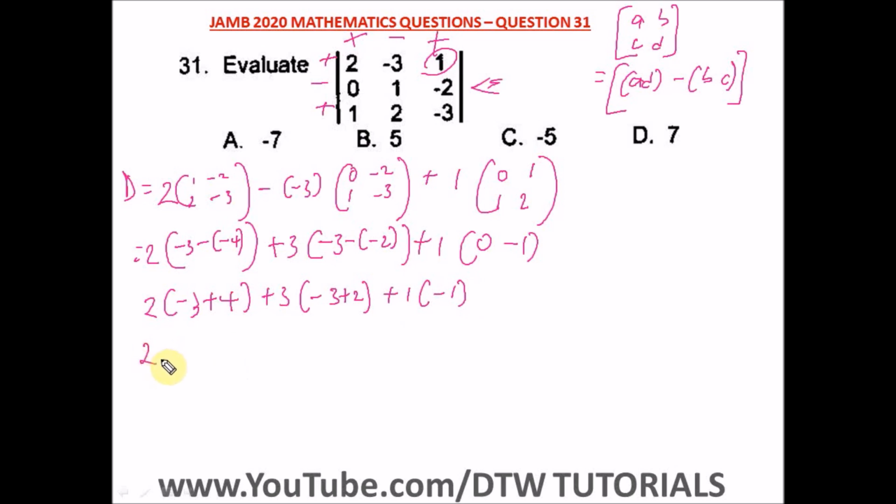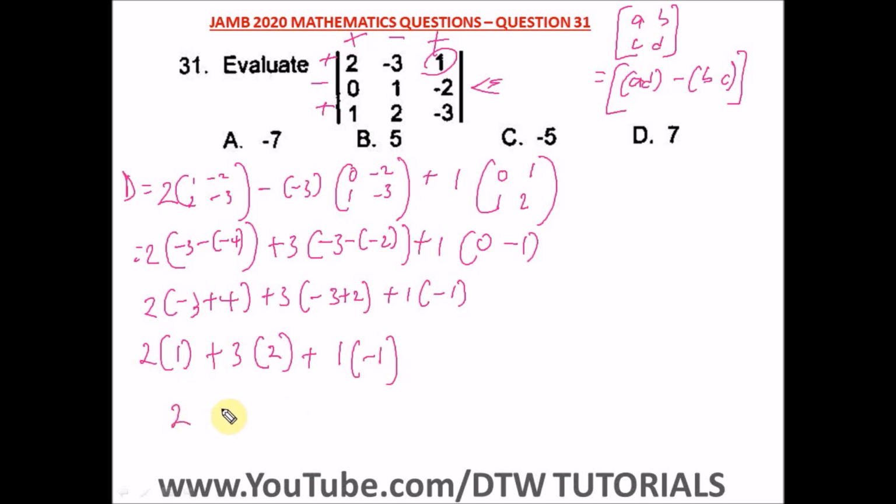So you have 2 times 1 plus 3 times, this should be minus 3 plus 2. This should be 2. This is minus 3 minus 2. This is 2 plus minus 1.